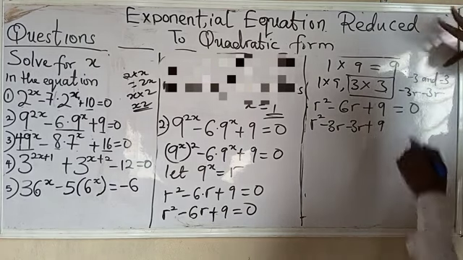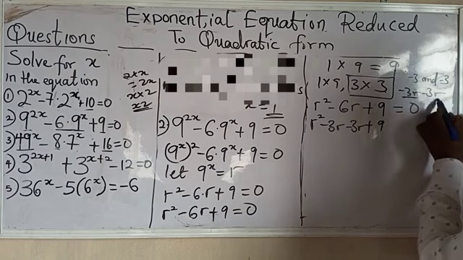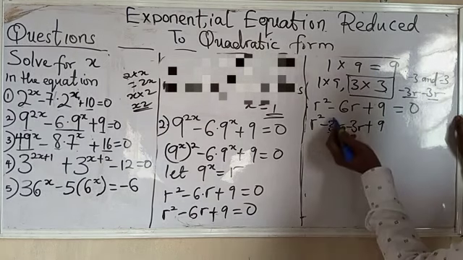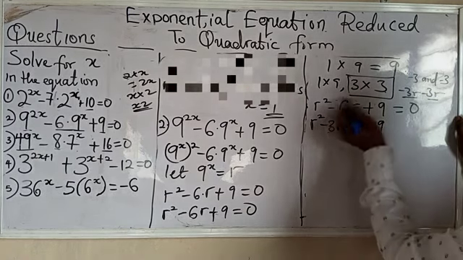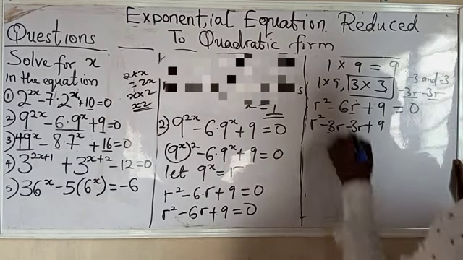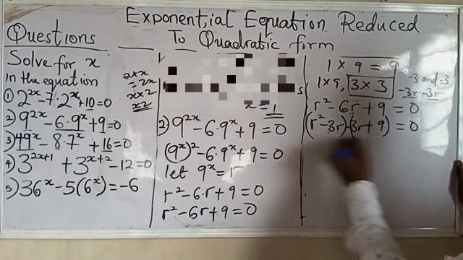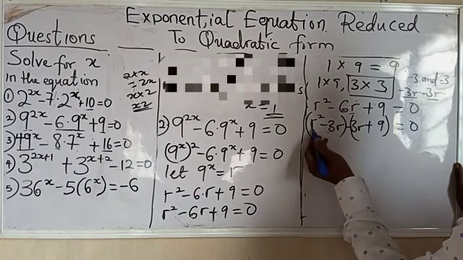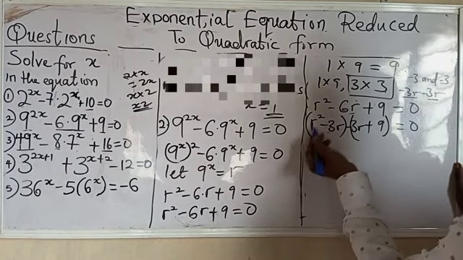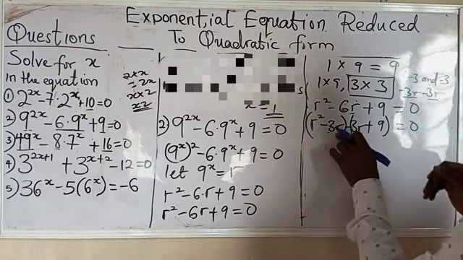This minus 3 and minus 3 has been replaced with minus 3r and minus 3r, so as to make it look like the middle term here, which is minus 6r. So the next thing I'm going to do is to bracket them in pairs. r squared means r times r, and we can find r here.